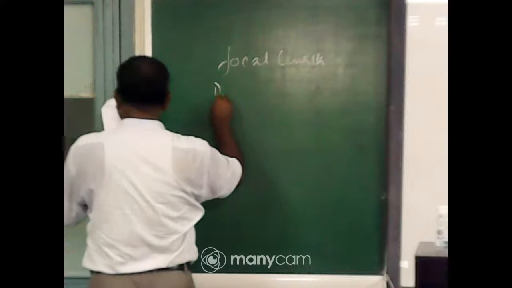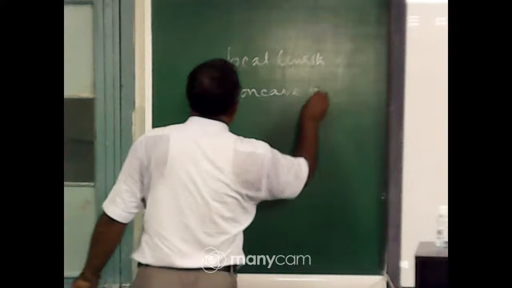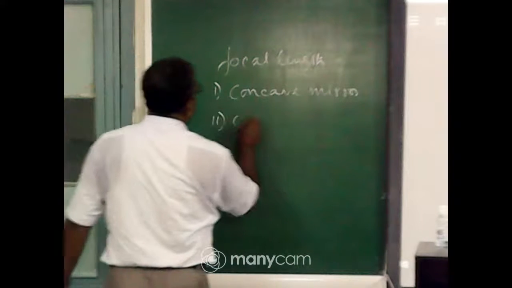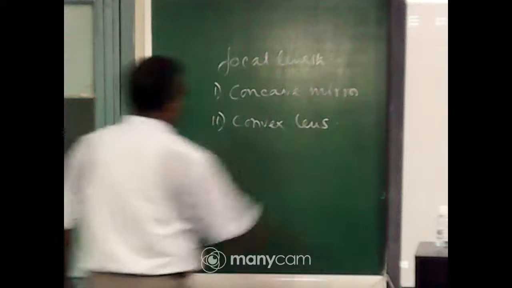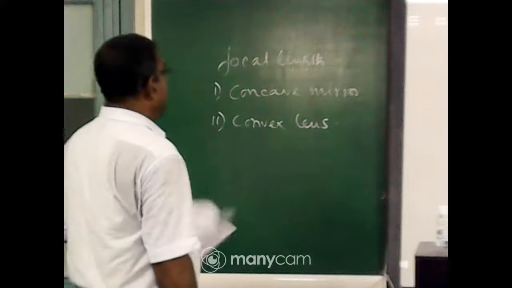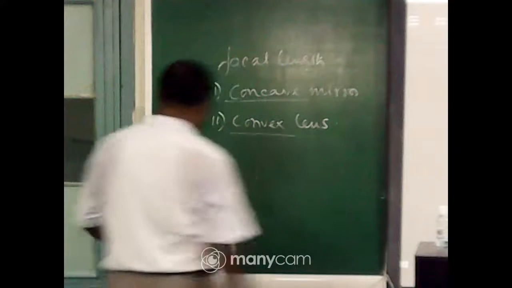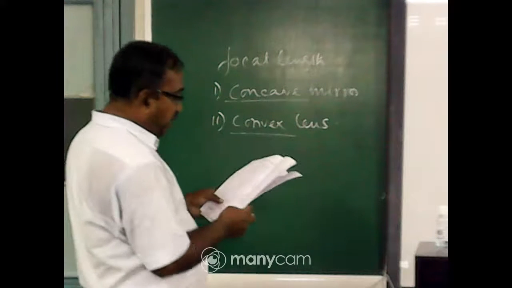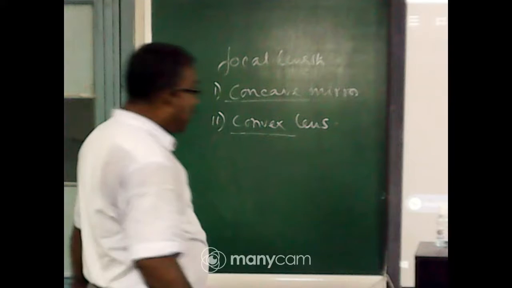First one is the concave mirror, and second one is the convex lens. Okay, concave mirror and convex lens. You check here, determine the focal length of the concave mirror and the convex lens by obtaining the image of a distant object.